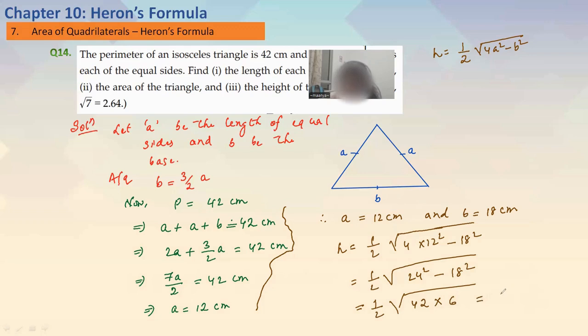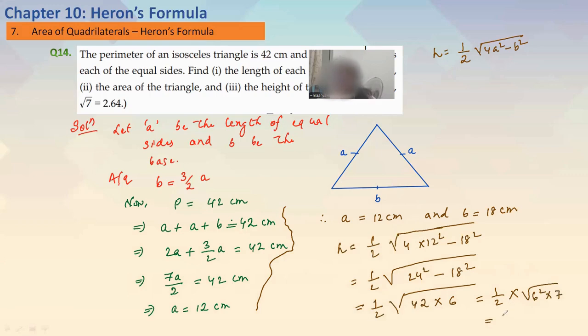So is it a perfect square? 42 into 6 is 252. Is it a perfect square? No, it is not. It's 6 square into 7, right? That is why.